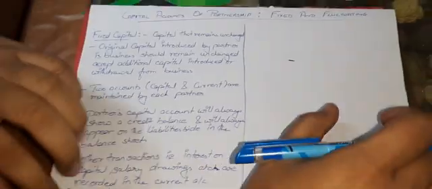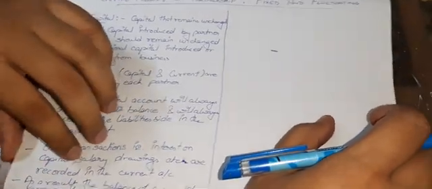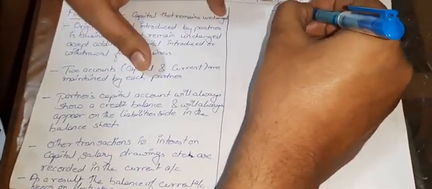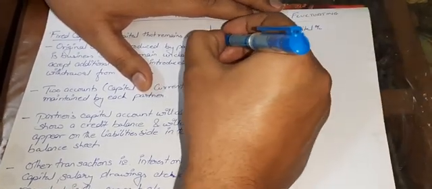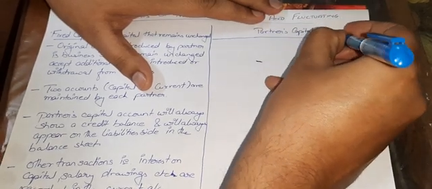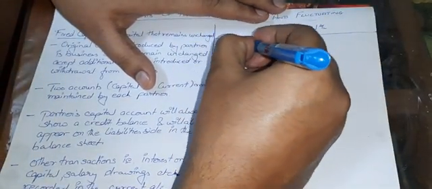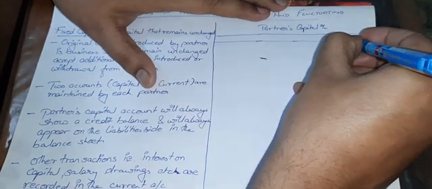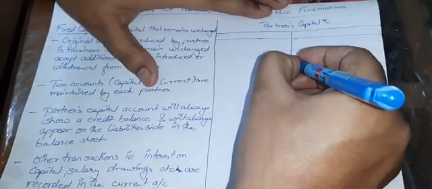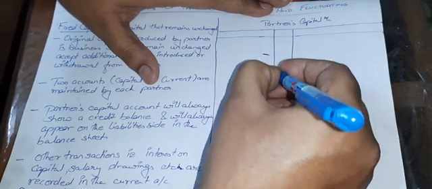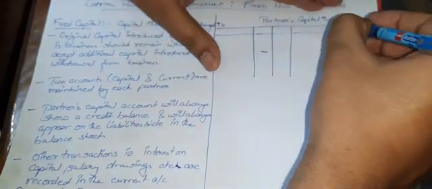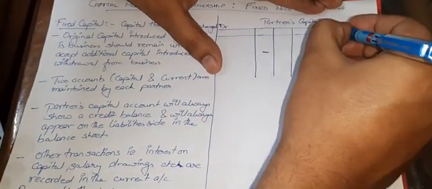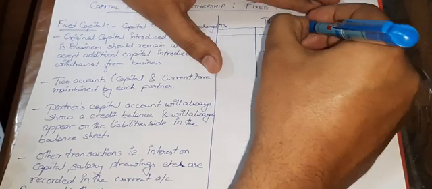So I'm going to tell you the format of fixed capital. We make two accounts. First we make the partners' capital account. For example, we have two partners, A and B. We can show both partners' accounts in a single account by making columns.